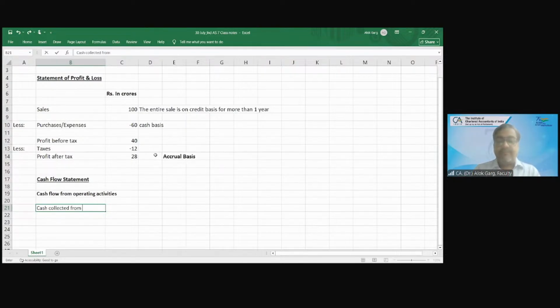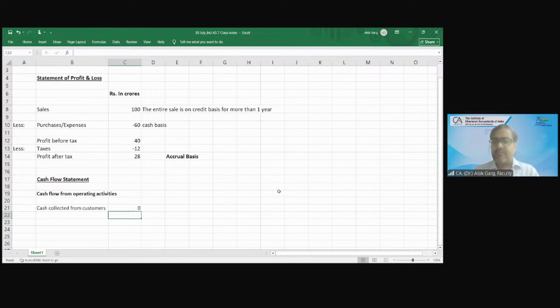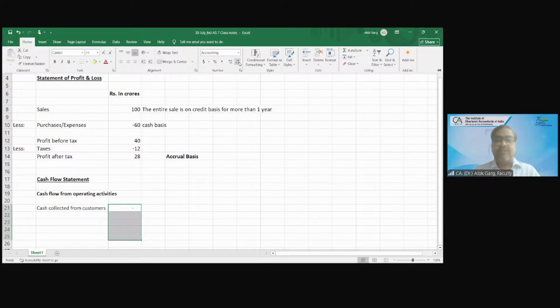So how much cash is collected from customers? Zero. It is entirely on credit basis for more than 1 year. Second, there is also a risk of credit default. If you are selling on credit for more than 1 year, there is a risk of default also, right? Now, cash collected from customer is zero.